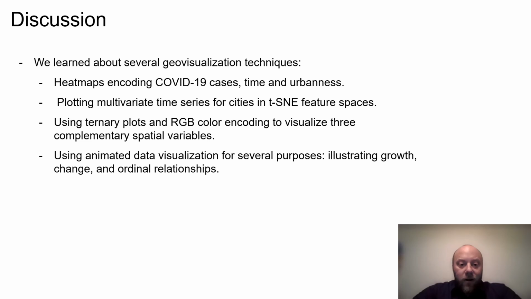We've looked at ternary plots and how we can apply them in the context of accuracy assessments, and then spatialize these ternary plots using RGB color encoding. And we've seen how we can use animated data visualization for several purposes, illustrating growth, change, and ordinal relationships.